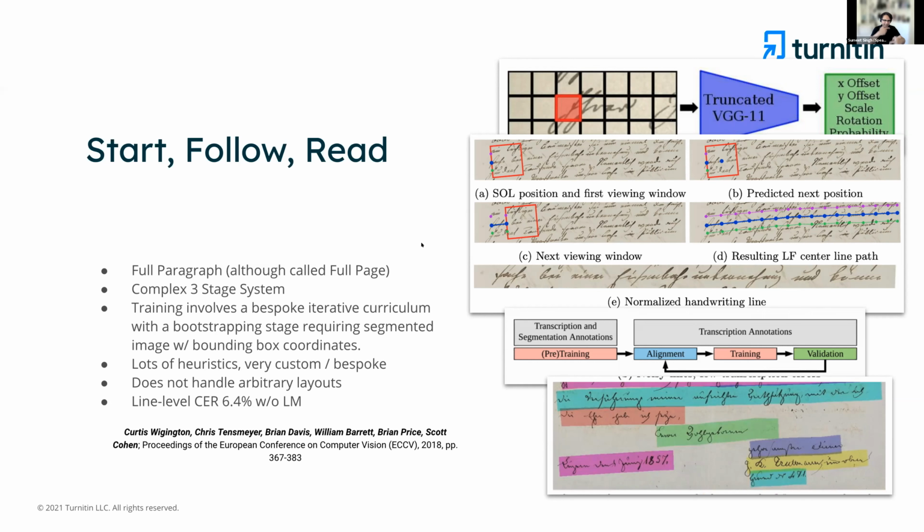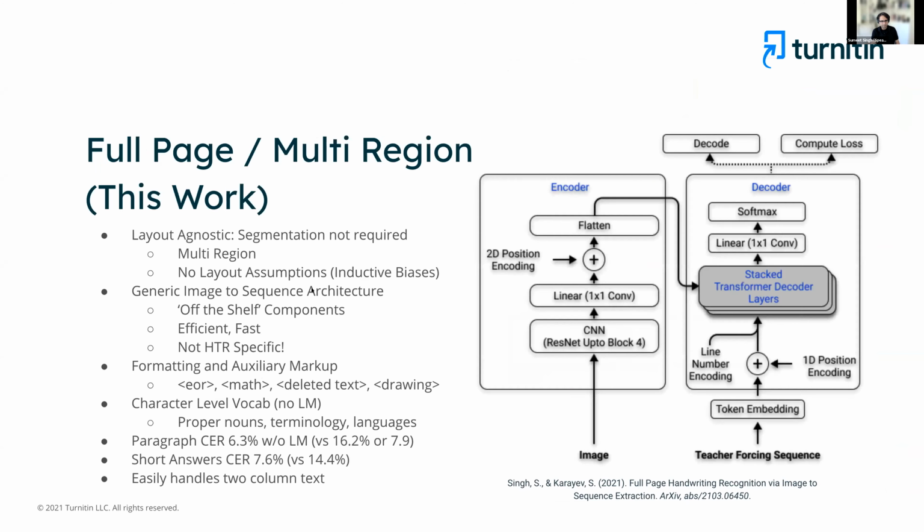And then there is iterative curriculum learning. So it's very bespoke, and it won't handle arbitrary layouts again. Their line level CER is 6.4%, which is actually not as good as the state of the art, which was 4.7 that I just showed you earlier.